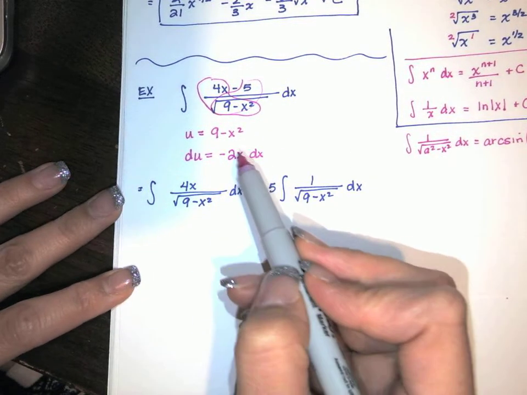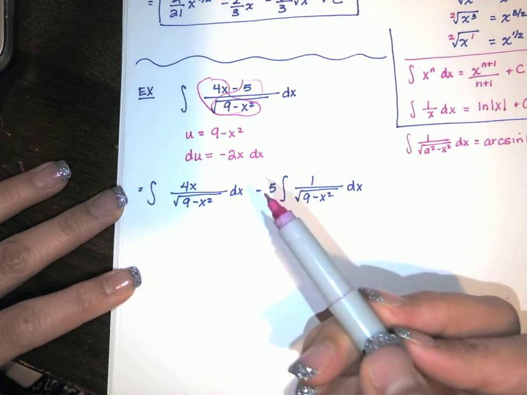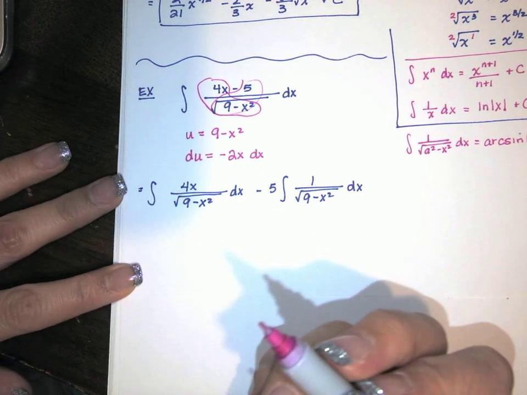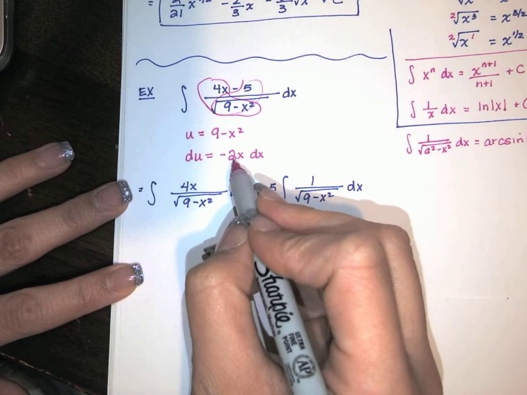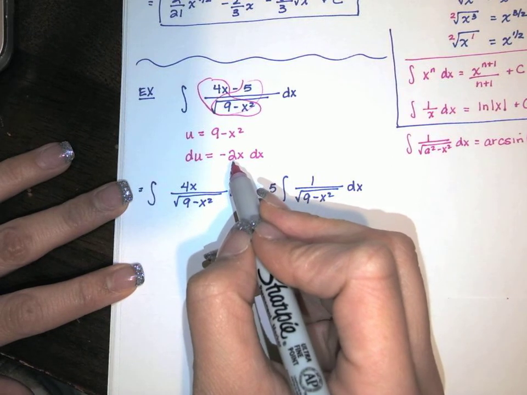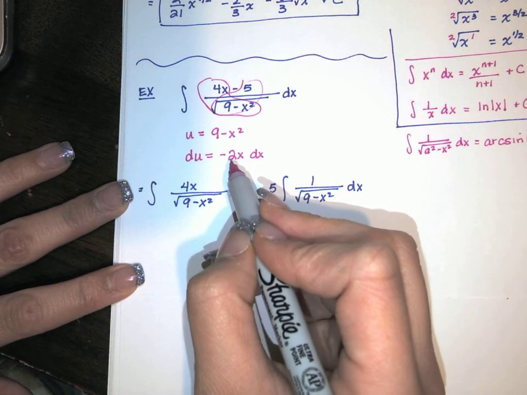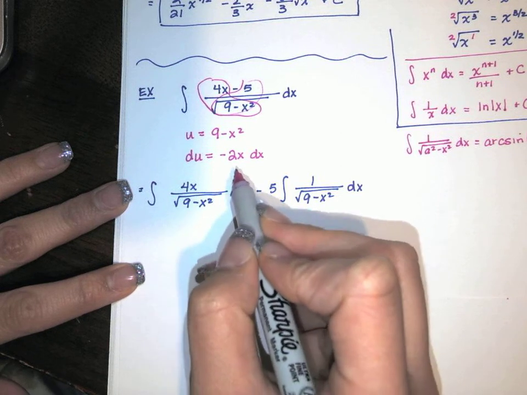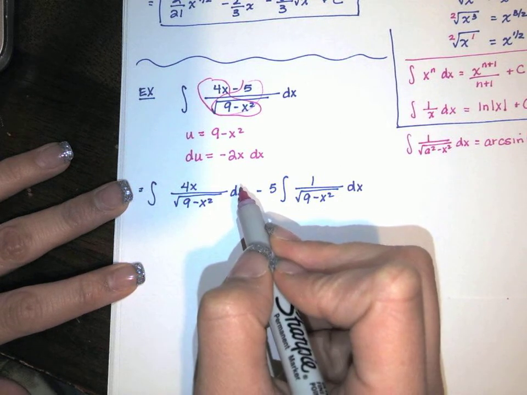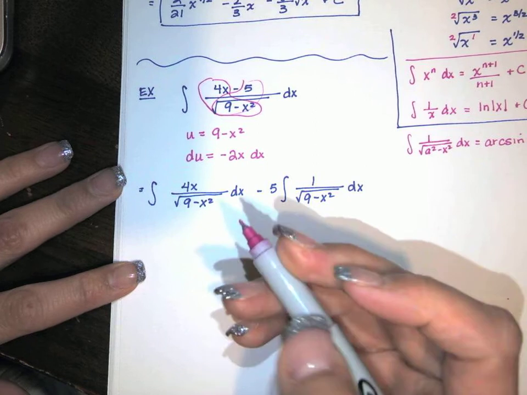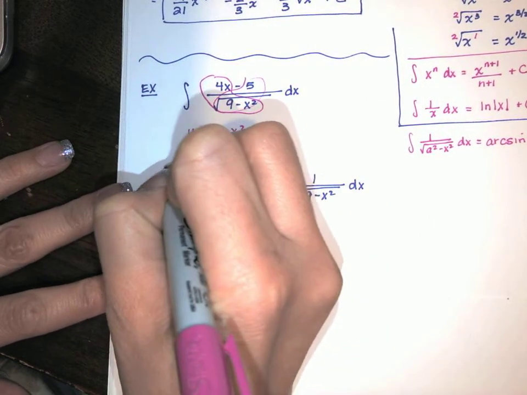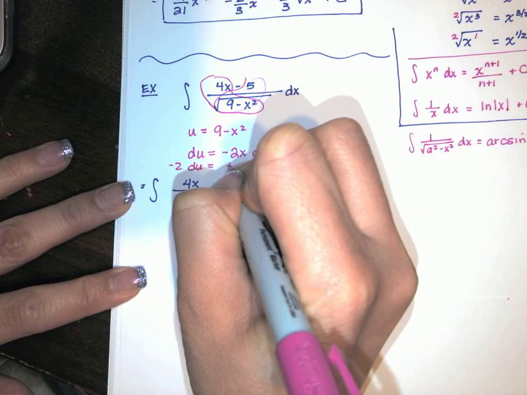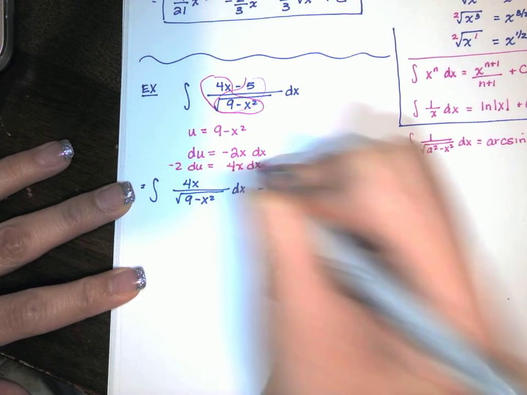So I'm going to use this u. I have u equals 9 minus x squared, du equals negative 2x dx. And then I ask myself, what do I have to multiply this negative 2x dx by so that I get the 4x dx that's in my numerator? Well, I could just multiply both sides by negative 2, and that would work. So negative 2 du is negative 2 times negative 2x dx, which is 4x dx.